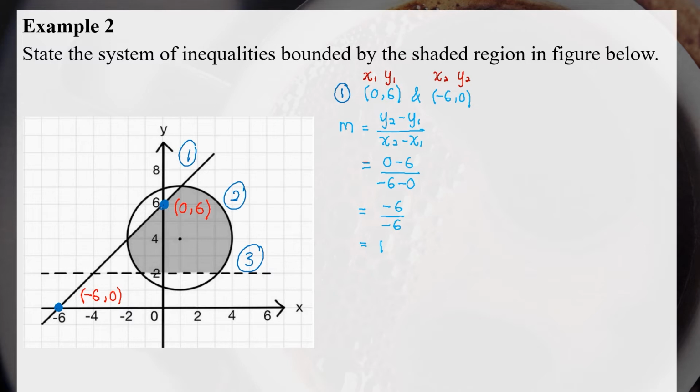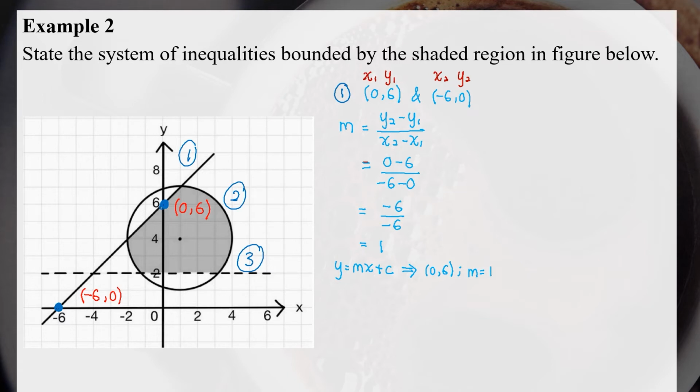By using the formula y equals mx plus c, first we try to find the value of c. Now we have 2 points, and we can choose either 0 and 6 or -6 and 0. It's up to us, we choose only 1 point. I choose the point 0 and 6, and our m is 1.